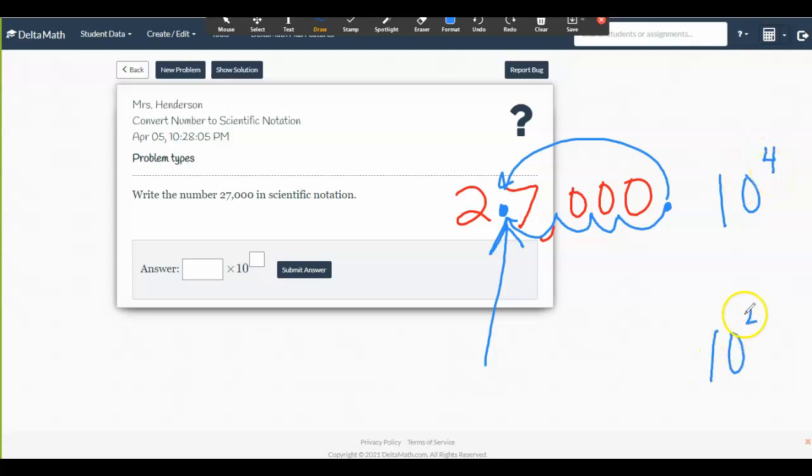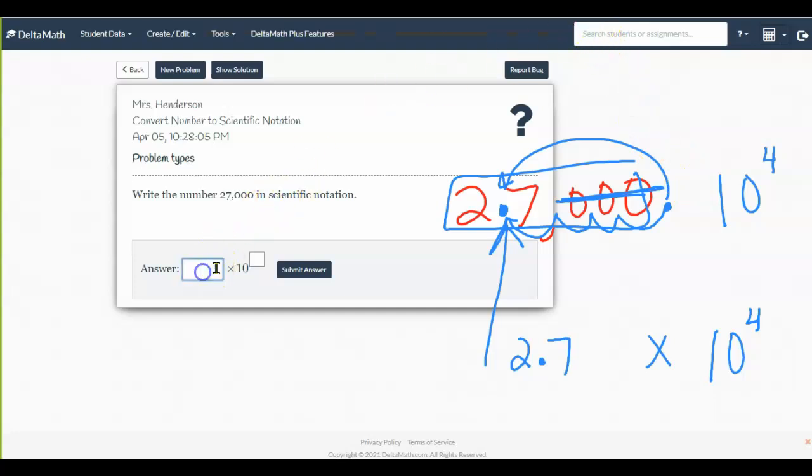And I know it's a positive 4 because the number I started with was bigger than 1. If your number is bigger than 1, then you have a large number with a positive power. So my new coefficient, though, is going to be 2.7, and I'm going to leave all those zeros off. So 2.7, and my power is going to be 4.